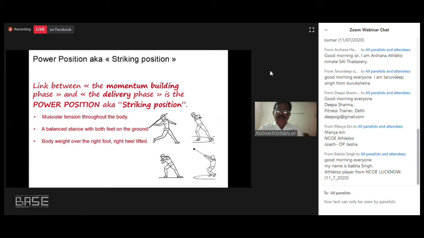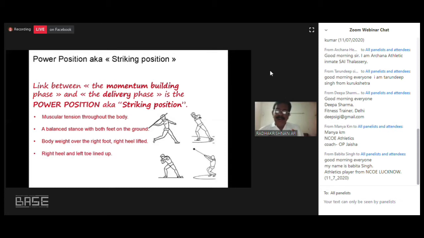But if your body weight is on the right foot and toward the front, then automatically the heel is slightly lifted from the ground. So kindly don't insist the athlete lift the right heel, but it will be automatically lifted if the body weight is on the right foot and in the front part of the foot.